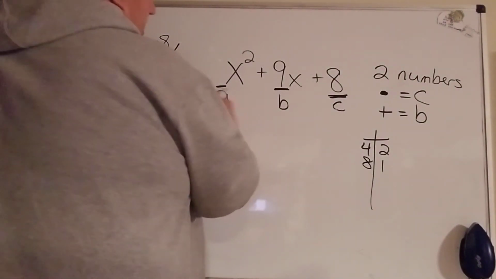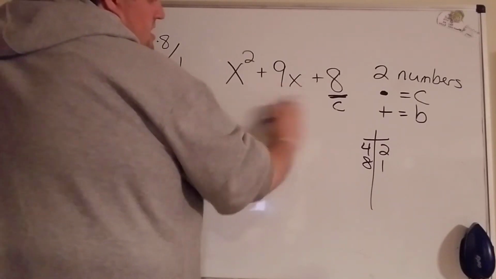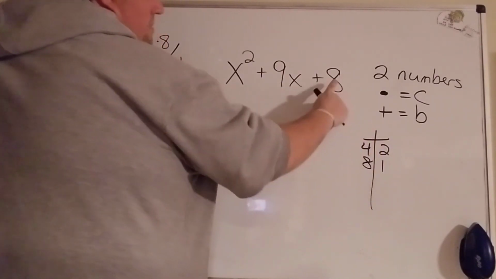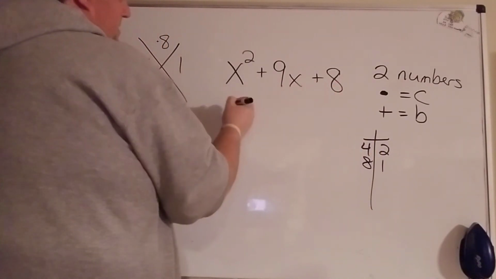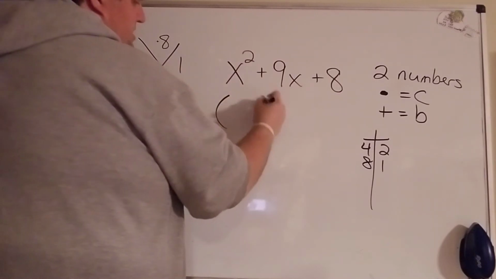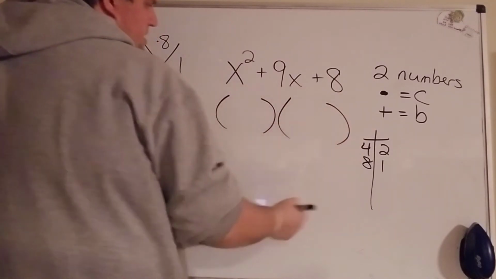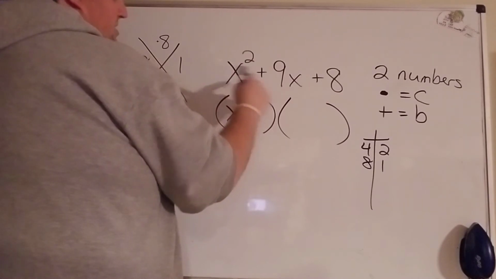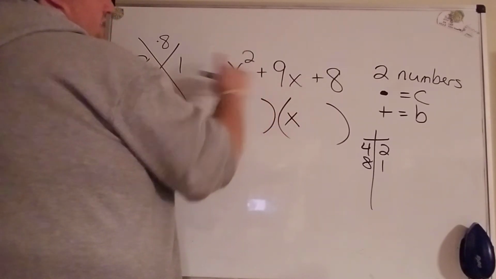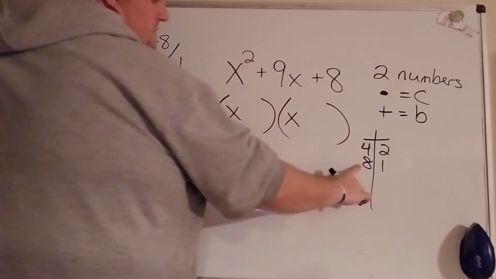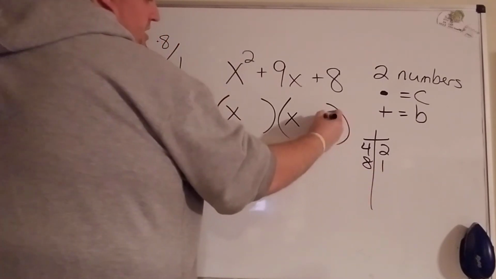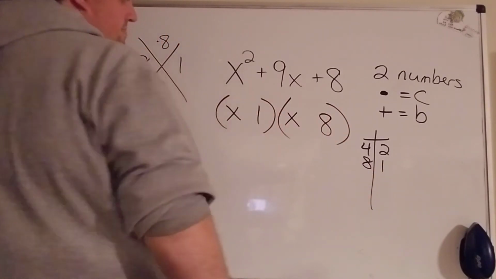So here's what this is going to look like. We figured out that 8 and 1 multiply to give me 8 and add to give me 9. So I can break this into two binomials. They're both going to have an x term, because this is just x squared. And then our factors are going to go here.